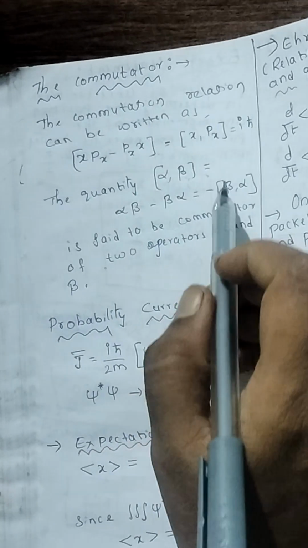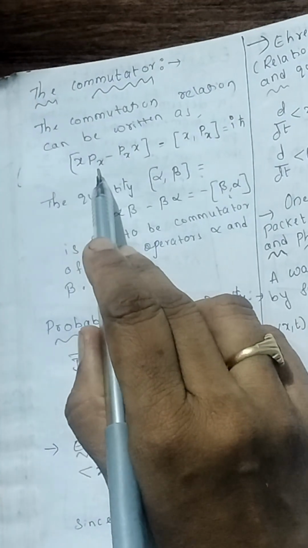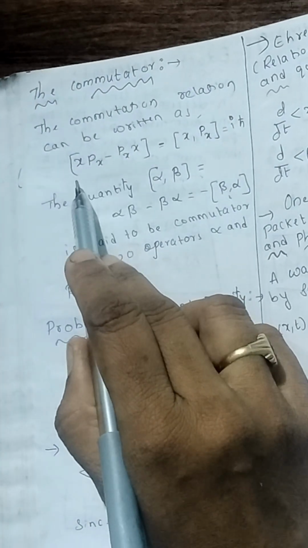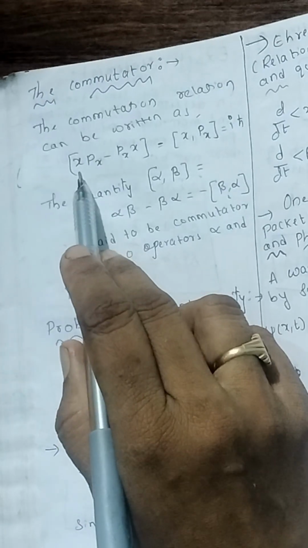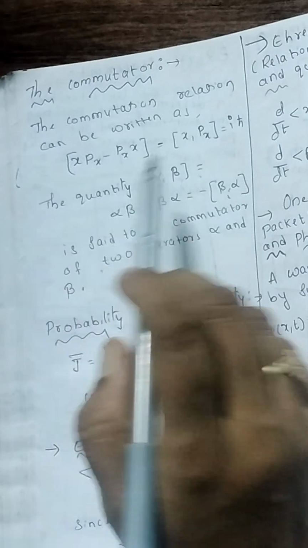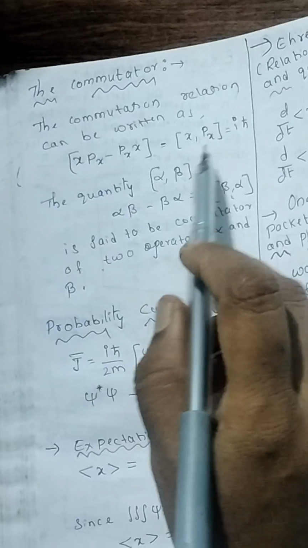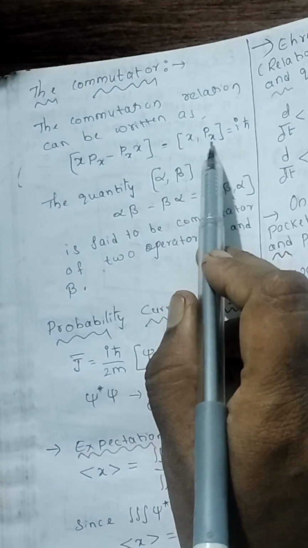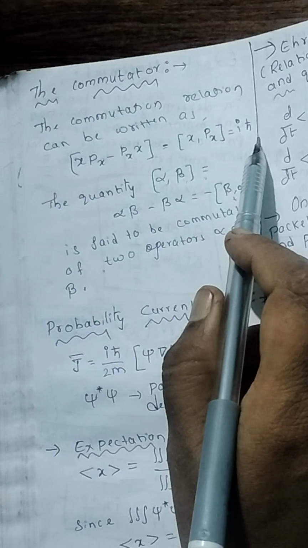Now in this commutator, let us relate position and momentum. x is the position and px is the momentum, then it is written as x px minus px x, which is [x, px], equal to iħ.